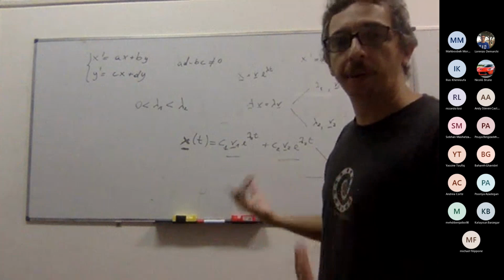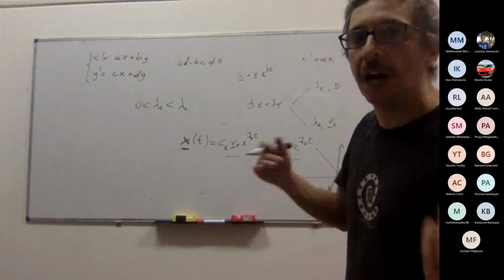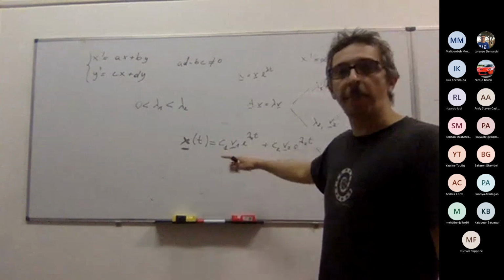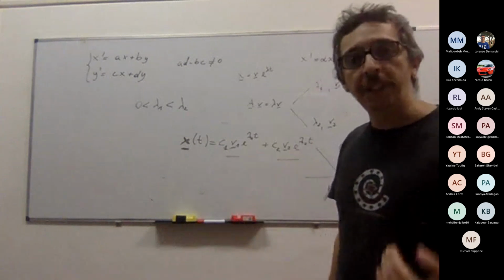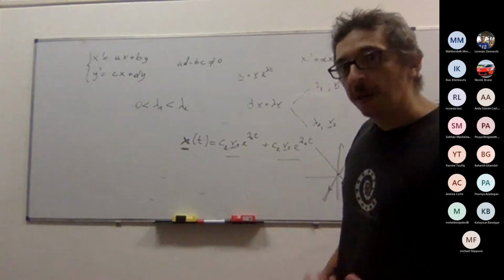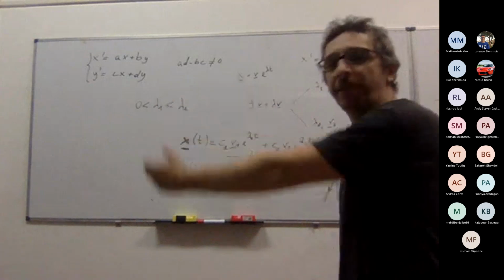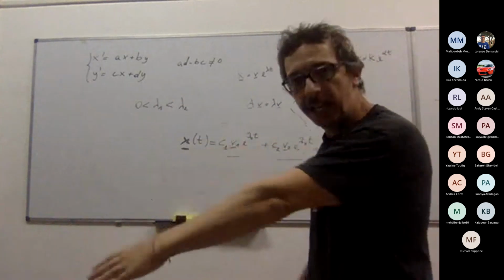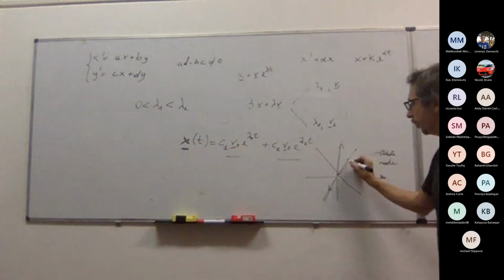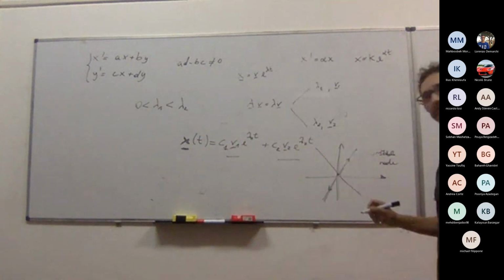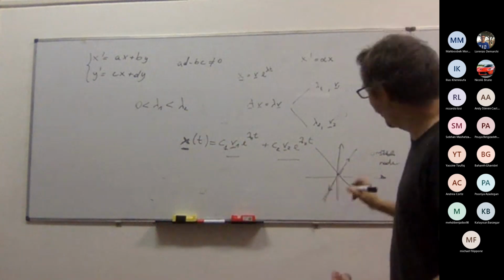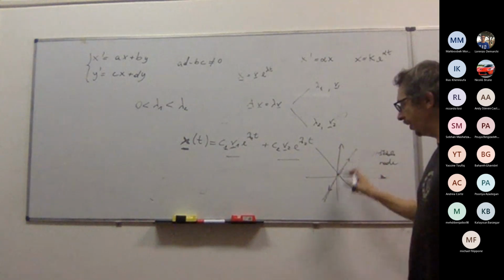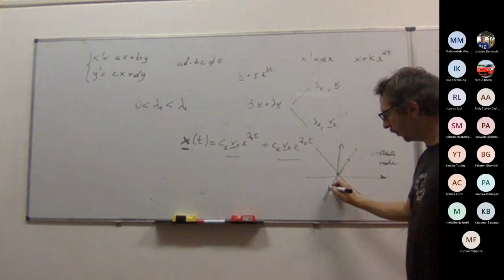I can approach the critical point only for t that goes either to plus infinity or to minus infinity. In this case, I approach the critical point for t that goes to minus infinity, which means that going toward the future, I'm going away from the critical point. The arrow tells me where my future is. So I'm going away from the critical point here, and I'm going away from the critical point here.